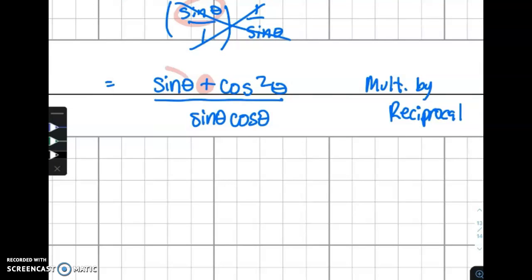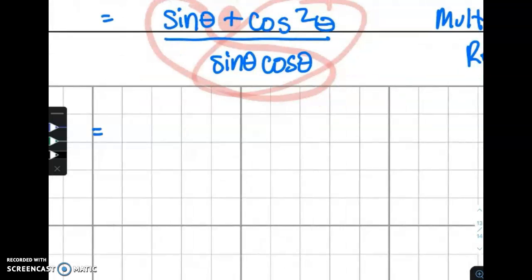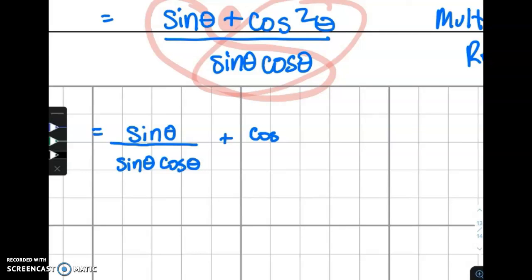So I'm going to split this into sine over the denominator plus cosine squared over the denominator. We're kind of undoing the addition of the fractions. So I've got sine over the common denominator plus cosine squared over the common denominator. I'm hoping that's going to help me.